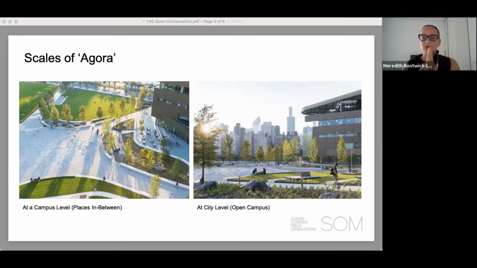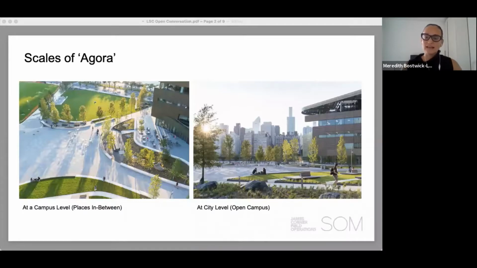Instead, the notion was a river-to-river experience, completely connected and coherent with its community of Roosevelt Island in New York City, and inviting the community in to be partners.